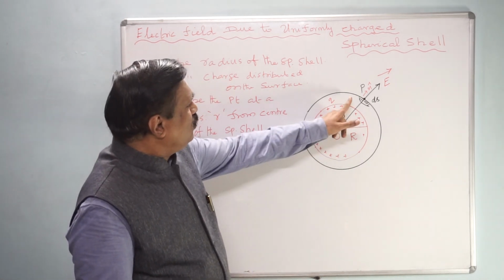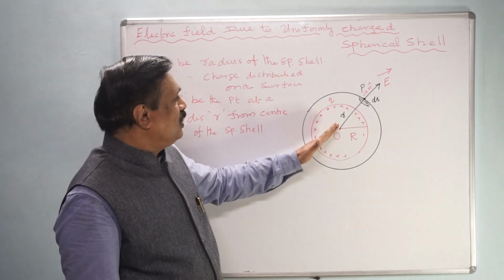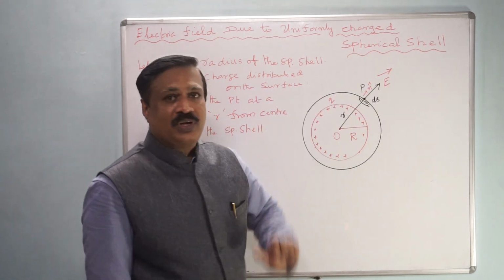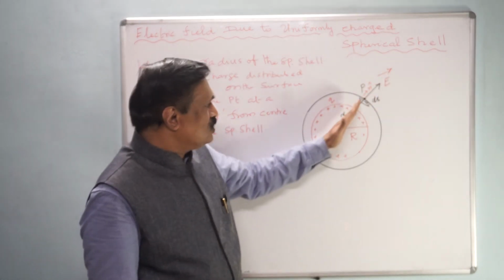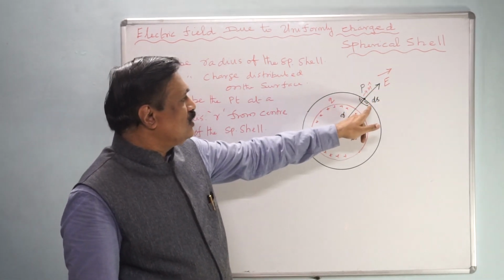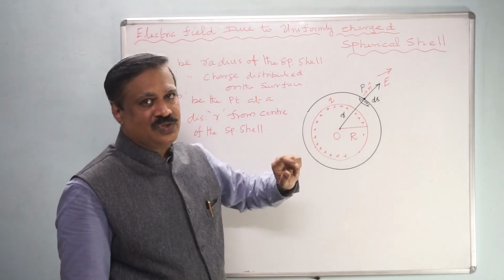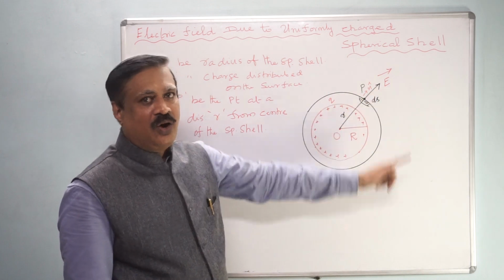Now consider the point P I have written. Electric field is along the radius, that means radially outward. Now you consider a small surface dS, and the unit vector is acting radially outward.